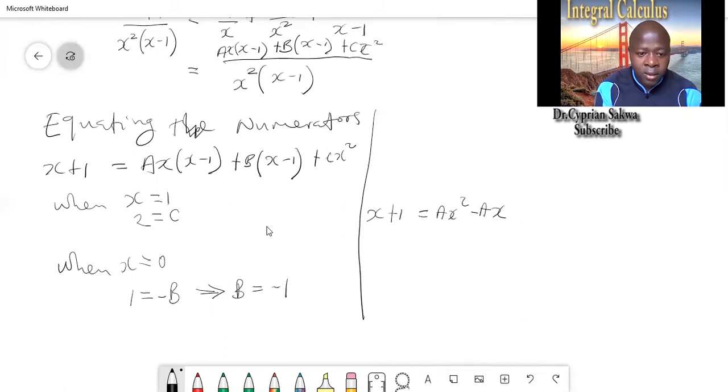I would have negative x, and then negative 1 times negative 1, I would have positive 1. And then c is 2, so 2x squared.